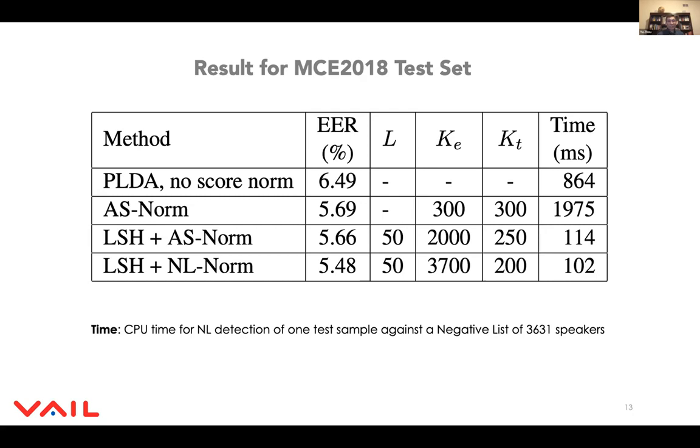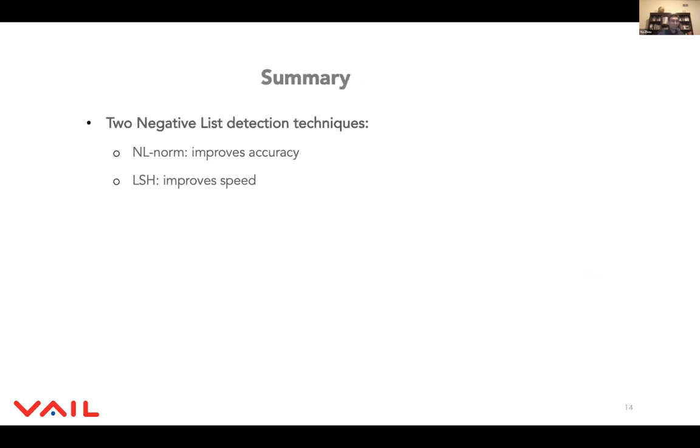And then by using the score normalization method, NL norm, the EER can be reduced, meaning it increases the detection accuracy while keeping the processing time relatively low. So that is the summary of this work. Let me just stop here, and I'm open to questions.